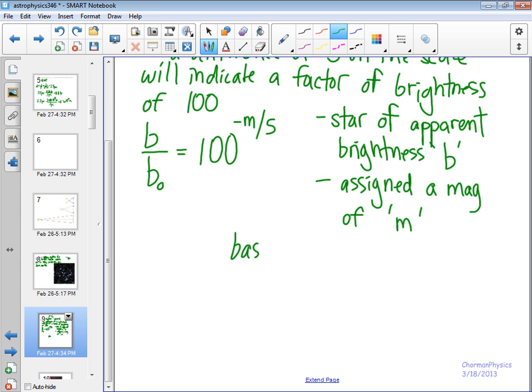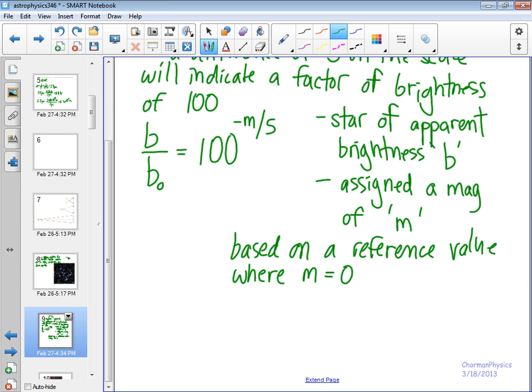So what we do is assign a reference value where m is equal to 0. The brightness of a star where m is equal to 0 will be given as this.